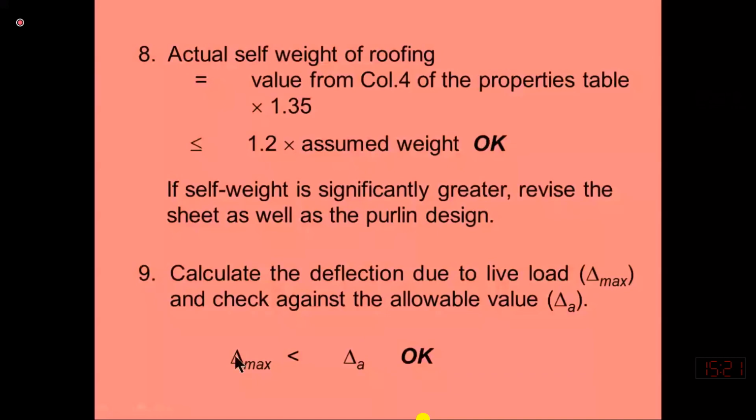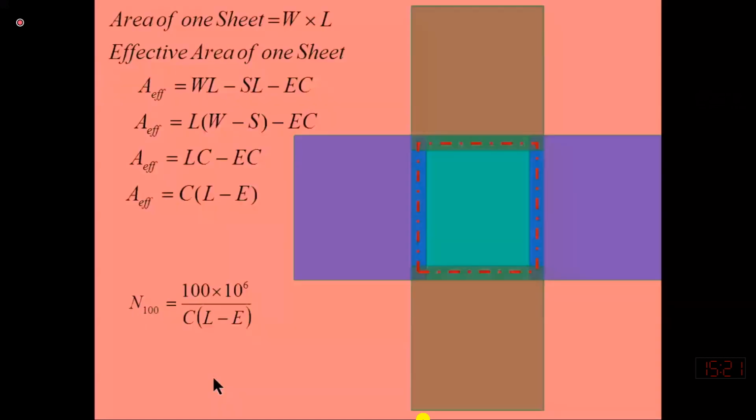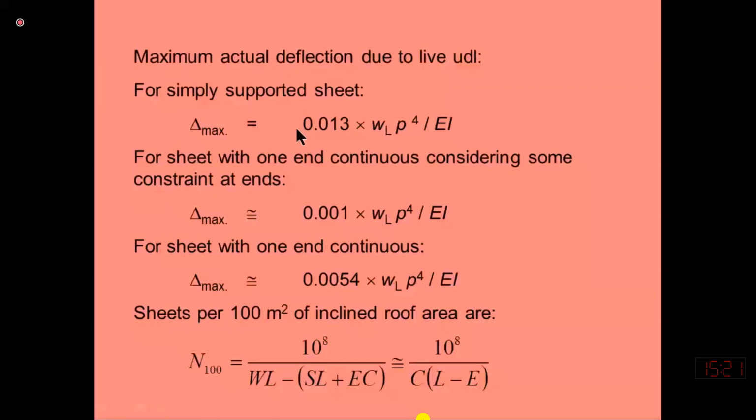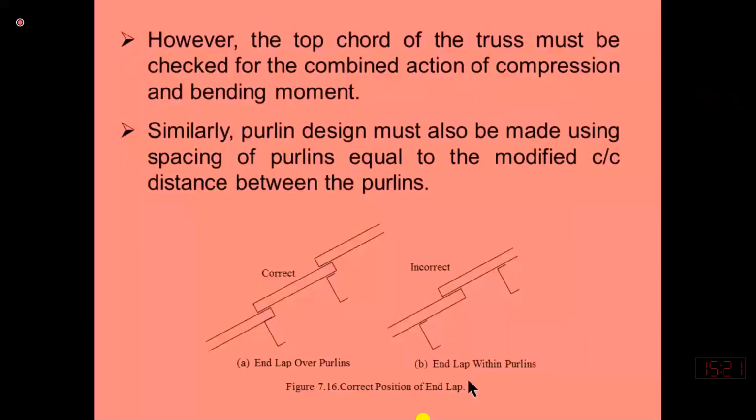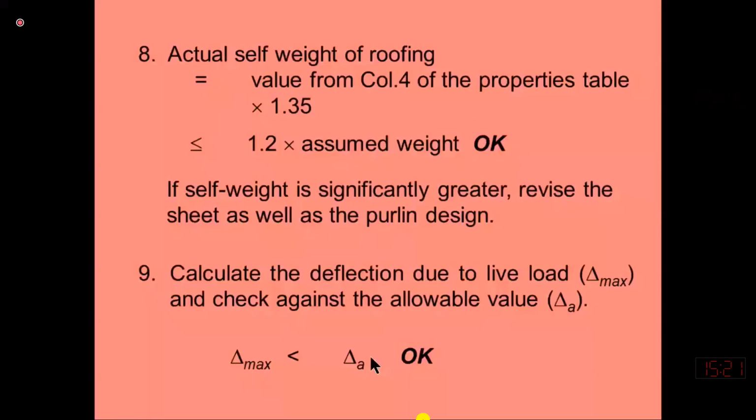For the simplest support condition, we determine the maximum or actual deflection by this formula, and the allowable deflection is specified by the code as L by 90. Span by 90 means panel length divided by 90. So if the actual deflection is less than allowable, the deflection check is also satisfied.